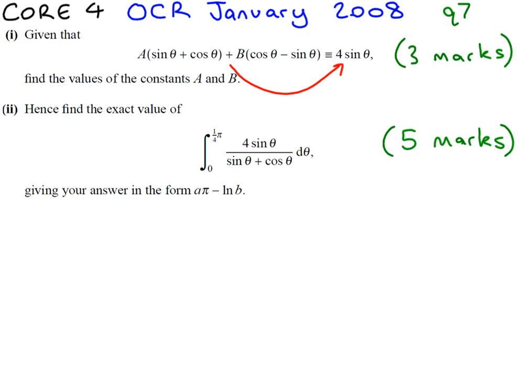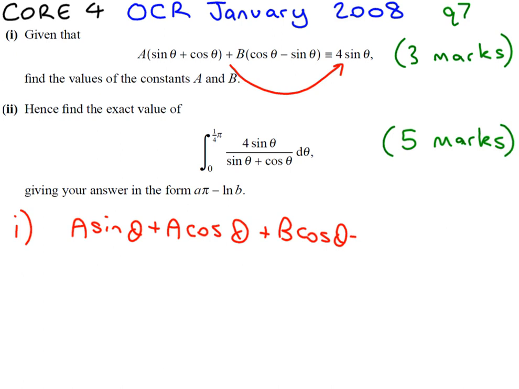Let's multiply into our brackets. We get A sin theta + A cos theta + B cos theta - B sin theta, and we're told that's the same as, you can use 2 or 3 equal signs, it doesn't matter, 4 sin theta.